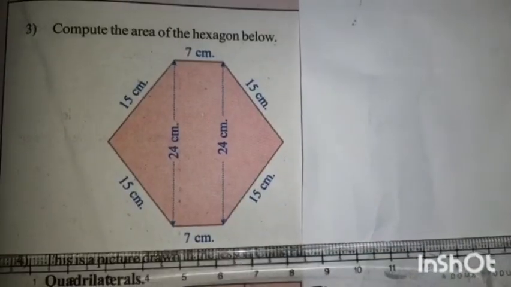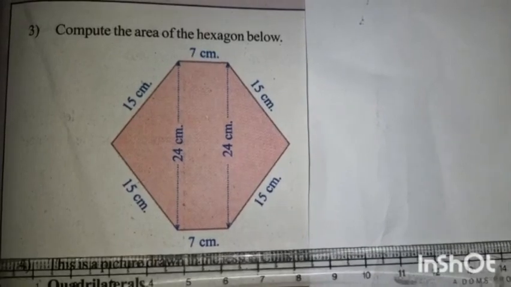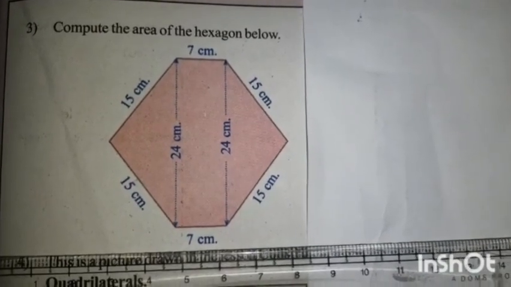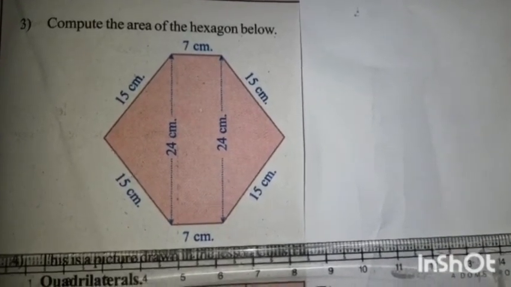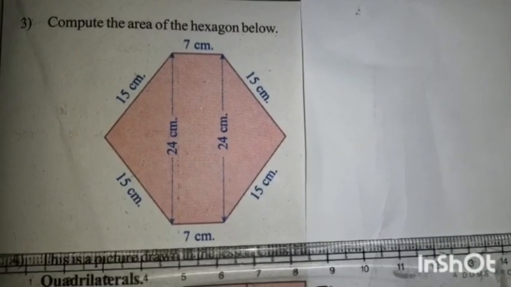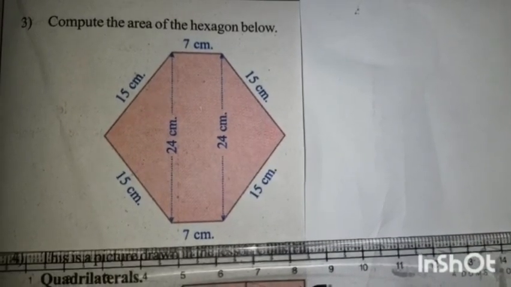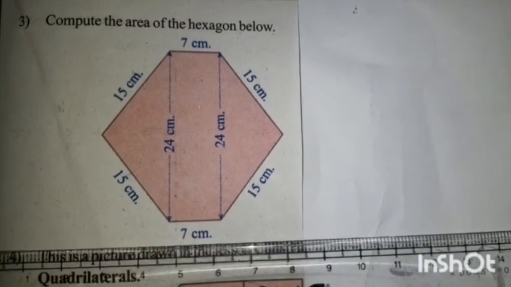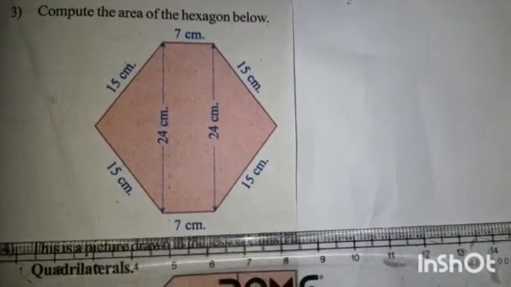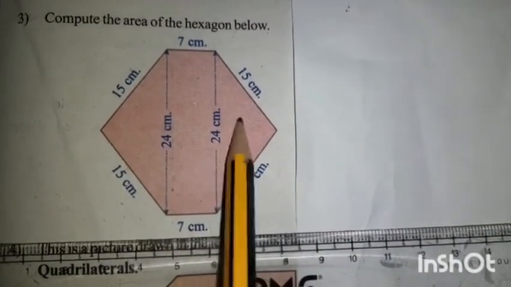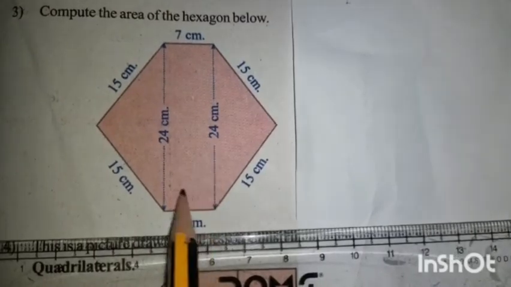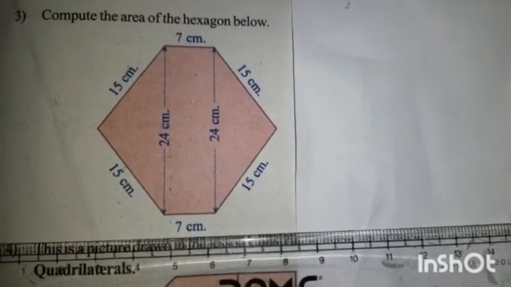Compute the area of the hexagon below. Area of the hexagon can be found out by computing the area of two isosceles triangles and a rectangle. You can see two isosceles triangles here on both sides and one rectangle here.